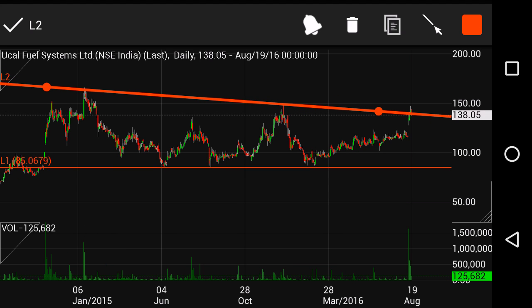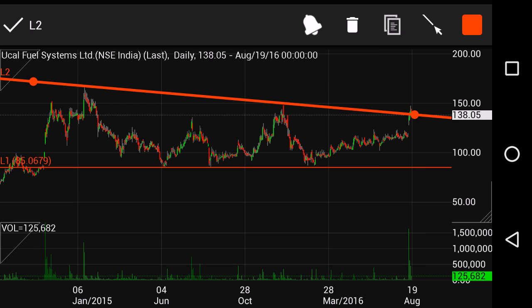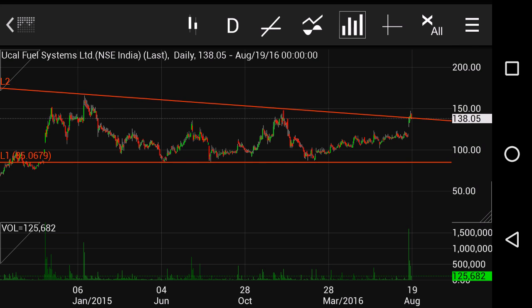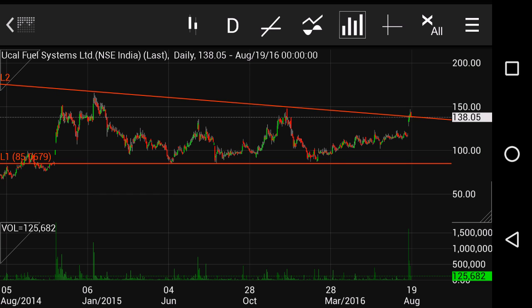So there is a clean breakout here. This is a triangle breakout. You can study the patterns, which are available on Google, Investopedia, and many other websites. How to trade this pattern?